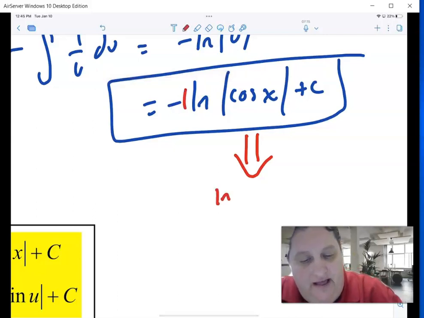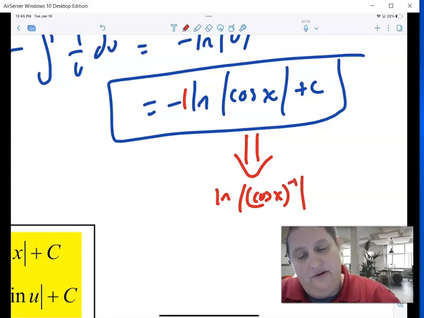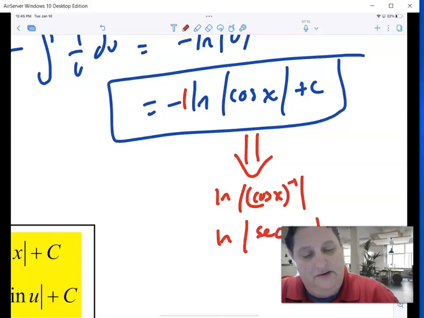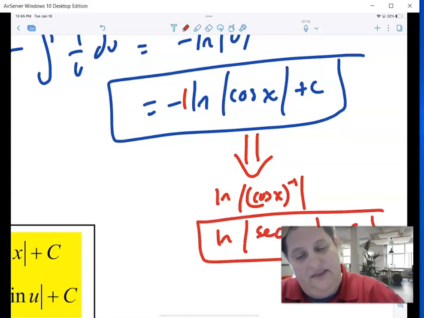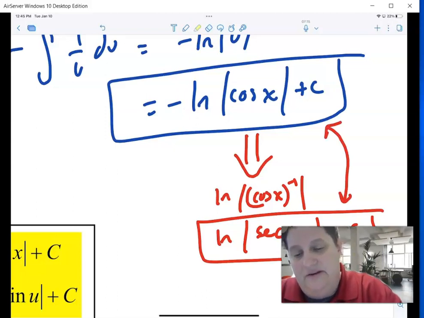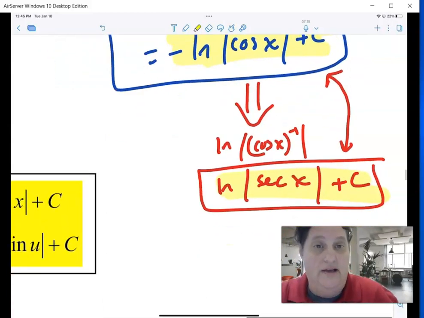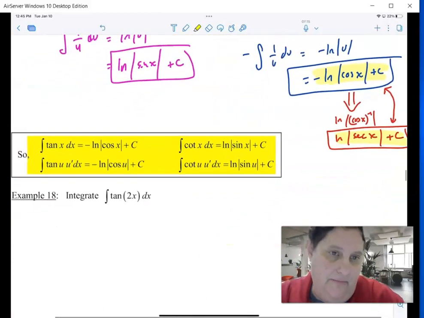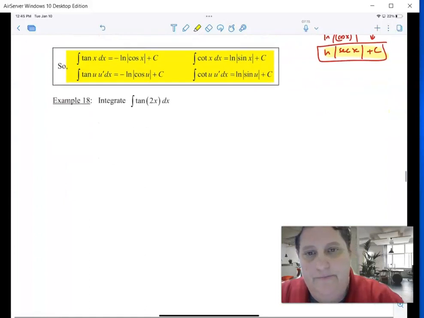So this is really the ln of the reciprocal of cosine. And you know what the reciprocal of cosine is? Secant. So this and this are actually equivalent. And on an AP test one time, instead of this answer, I saw that answer. And I was like, woo, that's mean. But it's the same thing. We'll talk about that a little bit more in class, okay?